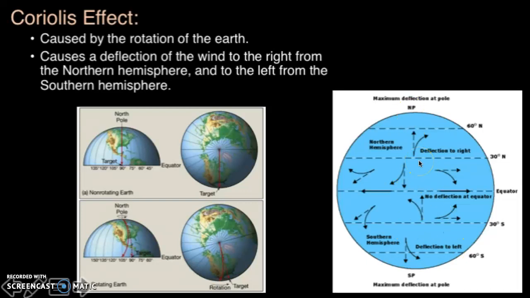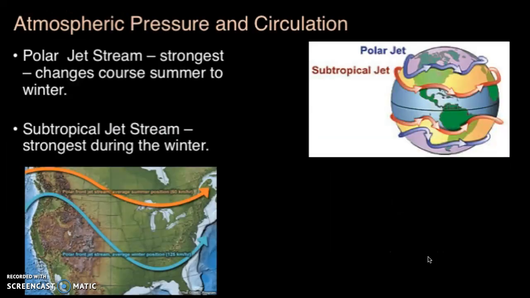And because again of the rotation of the Earth, it's going to deflect those winds a little bit to the right in the northern hemisphere and a little bit to the left in the southern hemisphere, causing those westerly winds between the 30 degree and 60 degree latitudes, which is where we see those jet streams, right? Which is where we see the subtropical and the polar jet stream, pretty much encasing those two latitudes that I just talked about.